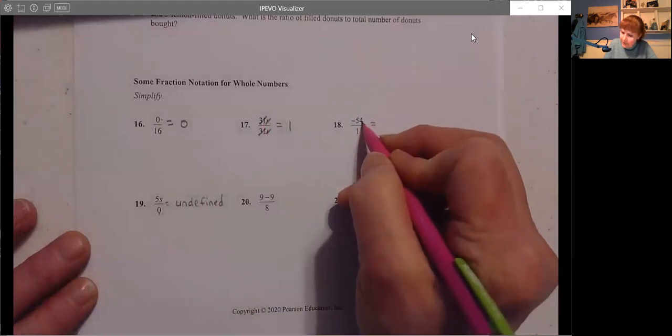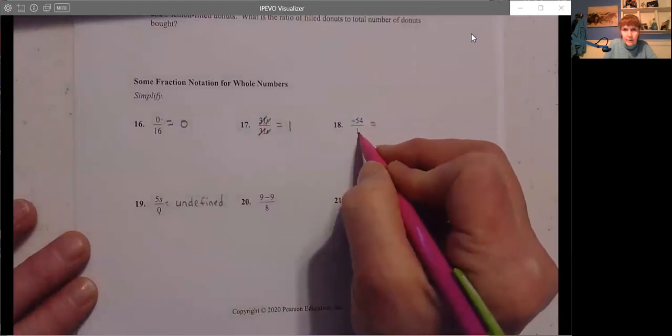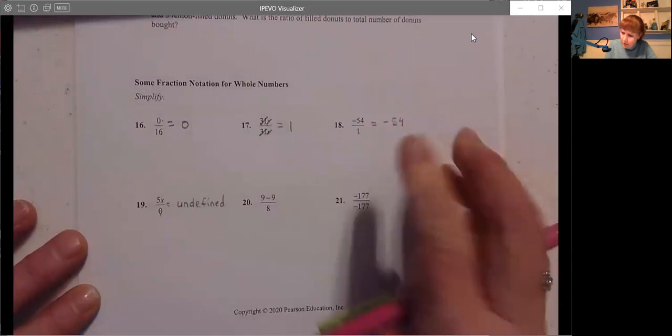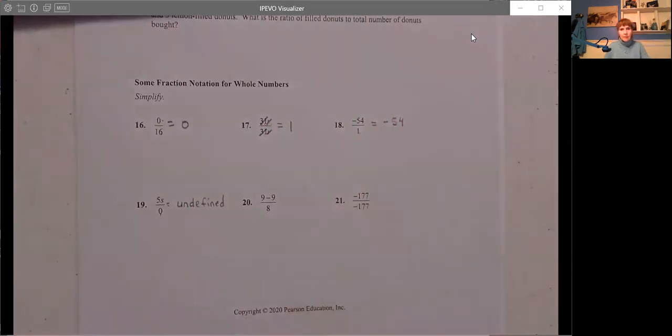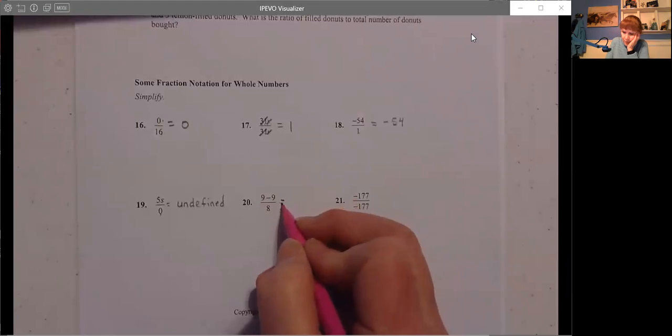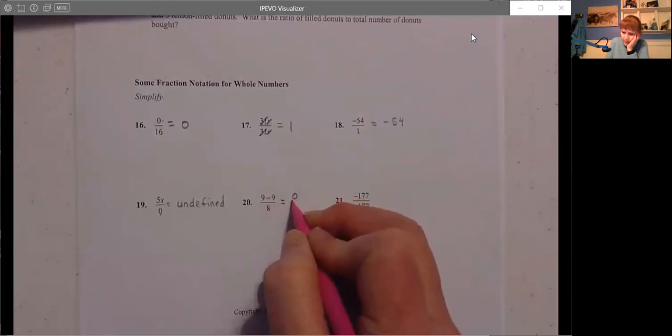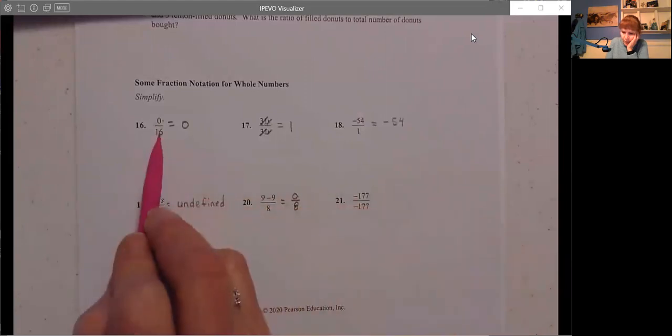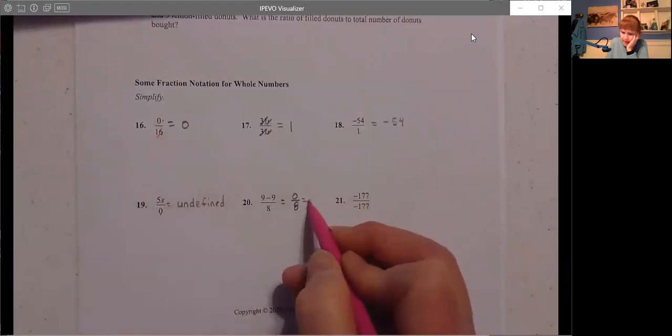Negative 54 over 1 is negative 54. Those two mean the same thing. Let's look at number 20. 0 over 8, which we know from number 16 is 0.